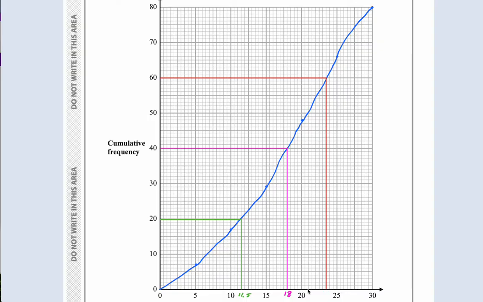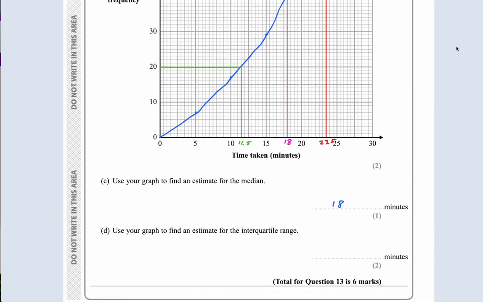This is 21, 22, 23.5. So the interquartile range is 23.5 minus 11.5, which is 12 minutes, and they say they'll accept anything between 9 and 13, so I would be correct.